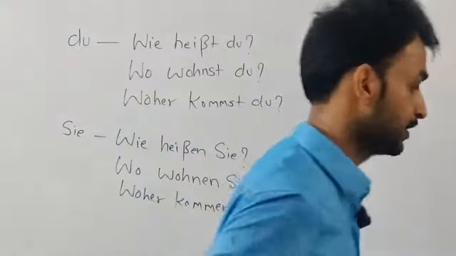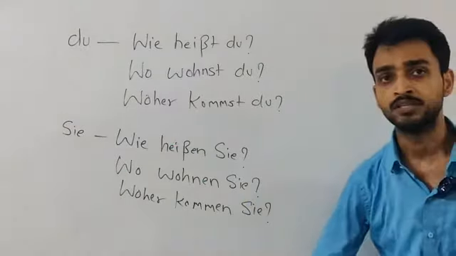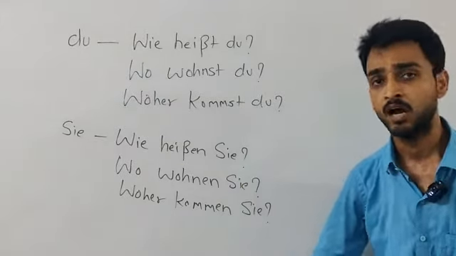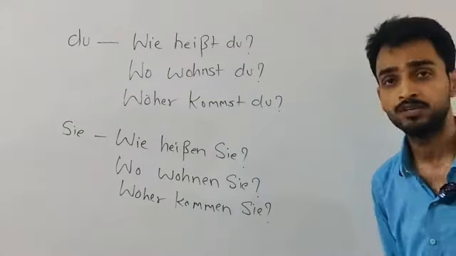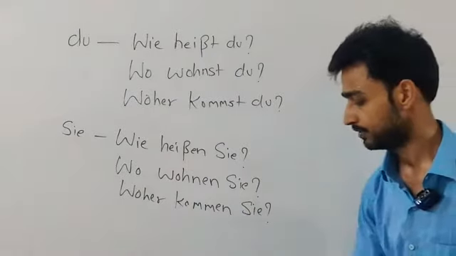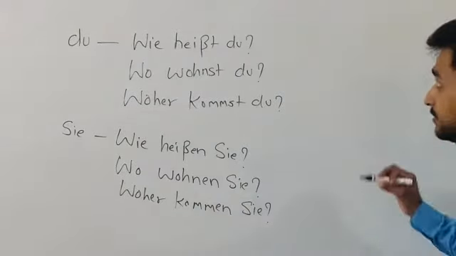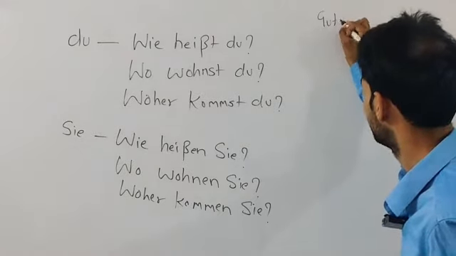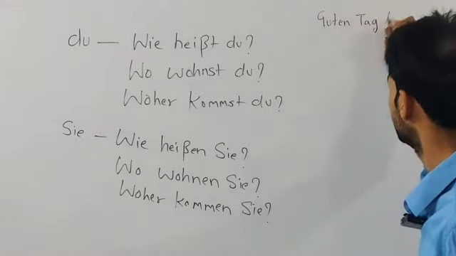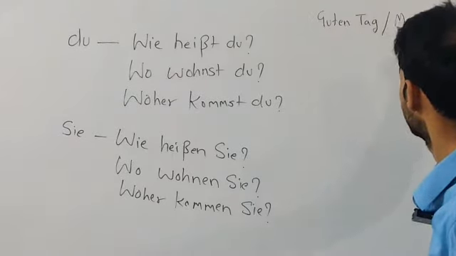Now I will tell you how to greet. When we learn German, we should know how to greet. There are two different ways again to greet in German. We'll see these two things also here. How can we greet a person? If it's a formal conversation, first of all, we say Guten Tag. These are basic words that you should know. Guten Tag means good day. If it's morning, you will say Guten Morgen, good morning.